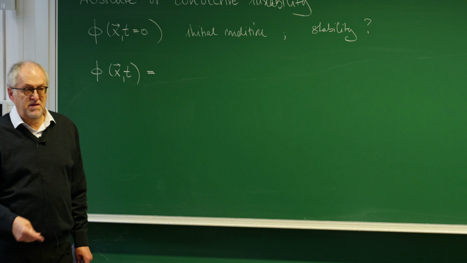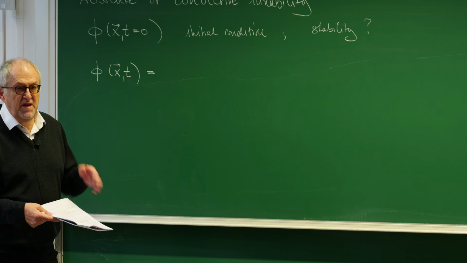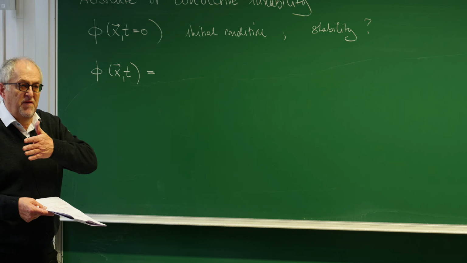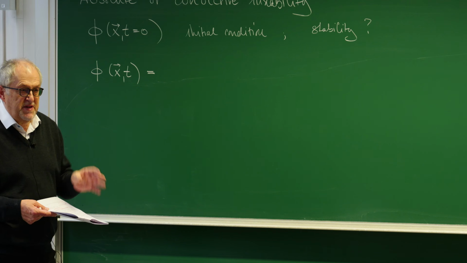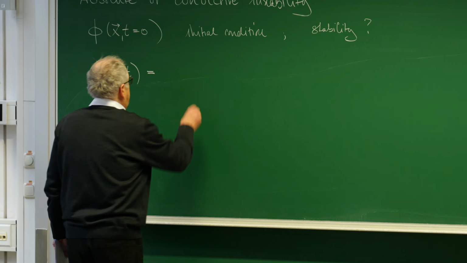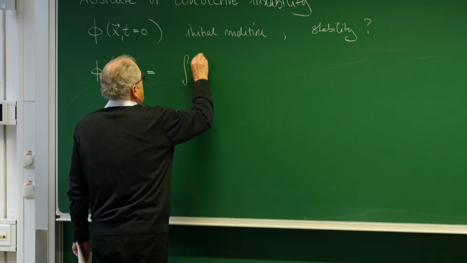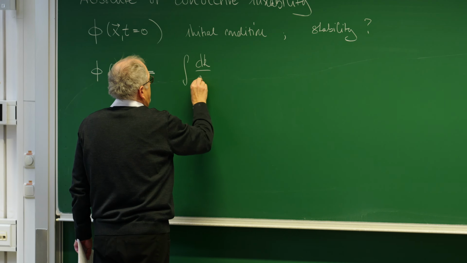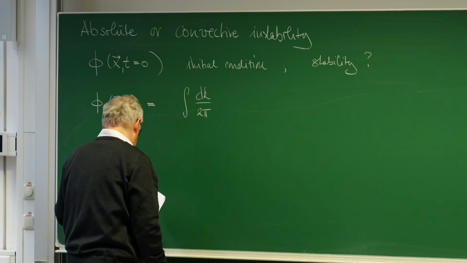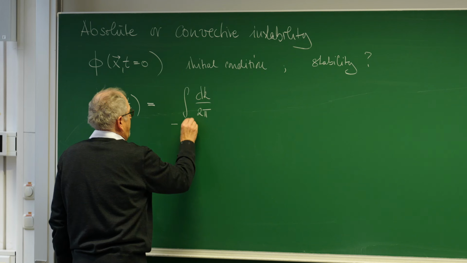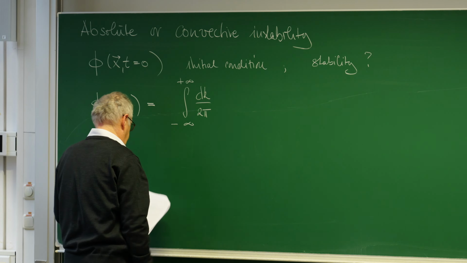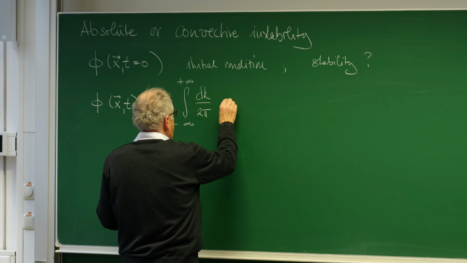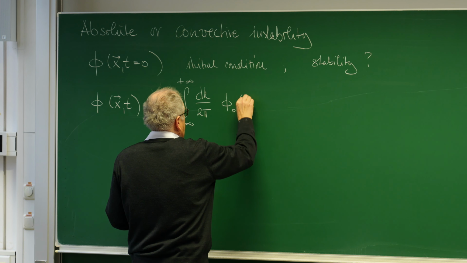Then we know that the solution at some later time t, if we are still in the regime of small perturbations around the steady state, I can write this as a linear combination, so as a Fourier transform of the initial condition phi naught of k.